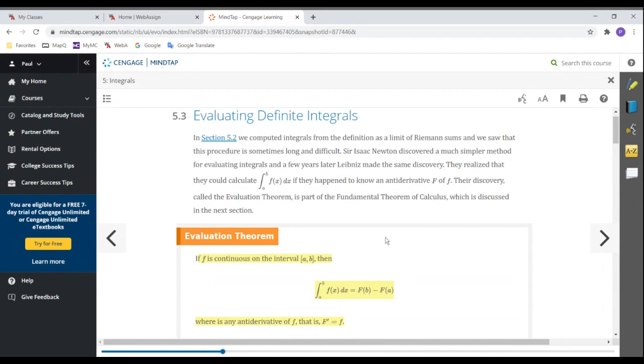What it says is that if you have a continuous function f on the interval from a to b, then computing the definite integral simply involves computing the antiderivative of the function at b and the antiderivative of the function at a, and then taking the difference.